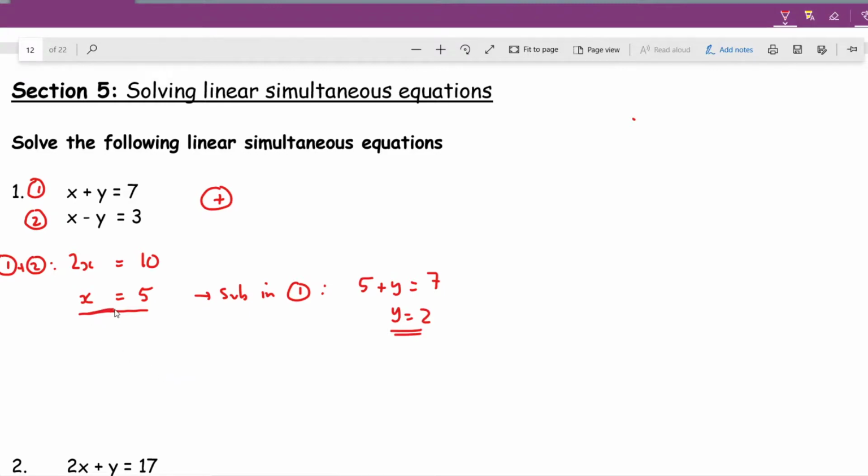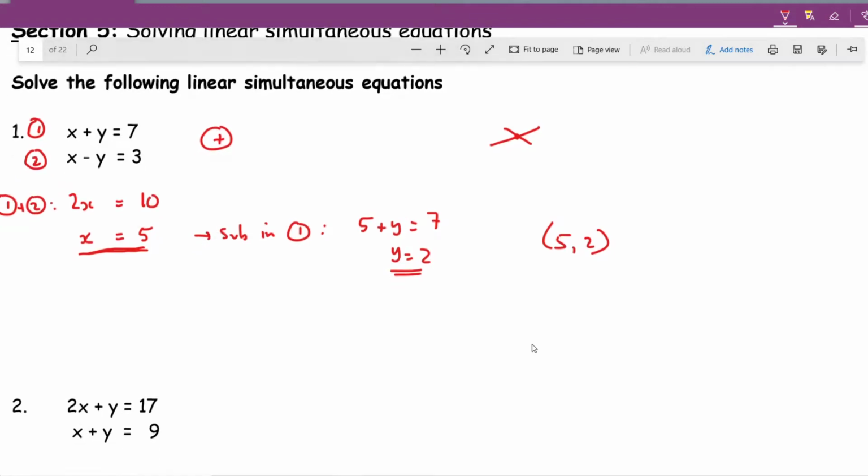So those are my two solutions, x and y. What you should know from GCSE is that these are two straight lines, and where they intersect, this point is the coordinate, in this case (5, 2), where those two lines intersect graphically.